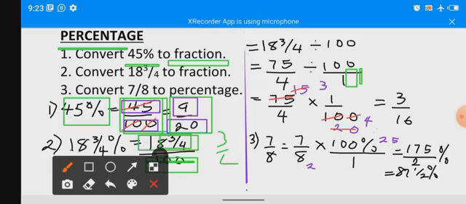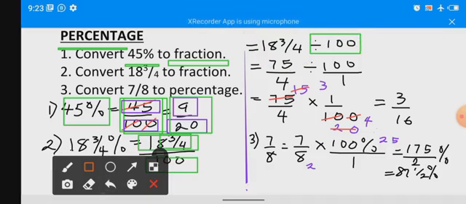Bearing that in mind, we know that 18 3 over 4 over 100, we have rewritten it as 18 3 over 4 divided by 100.